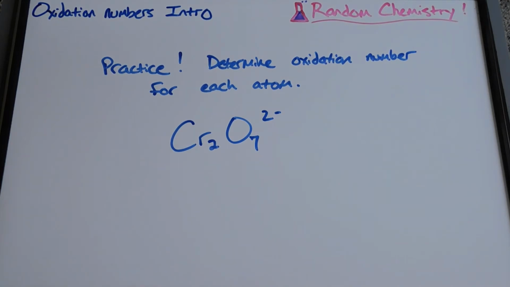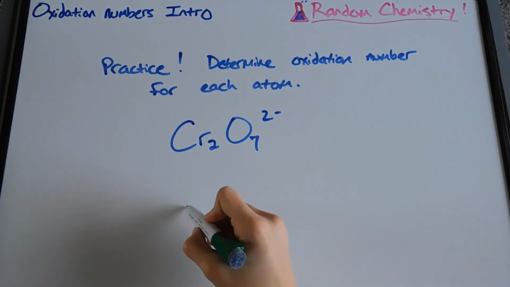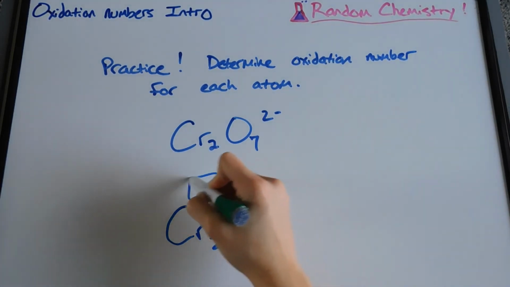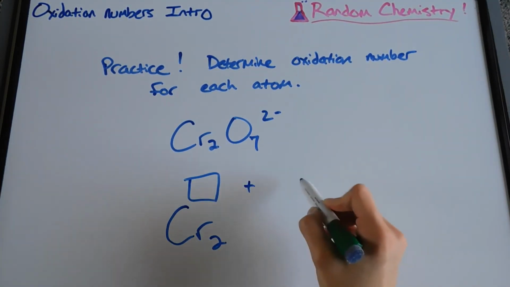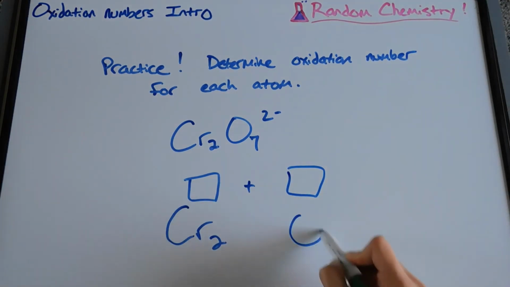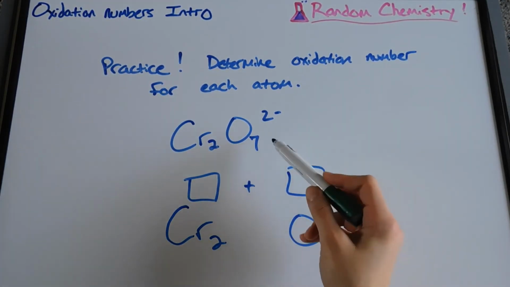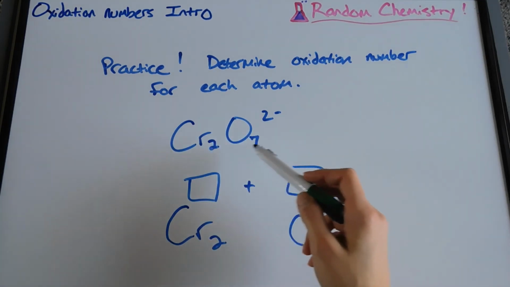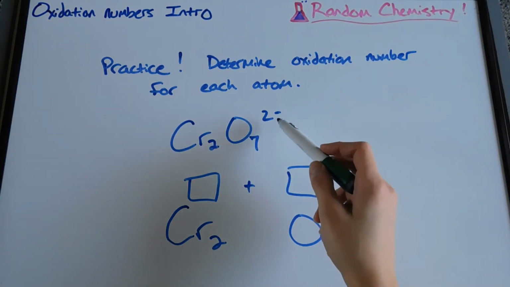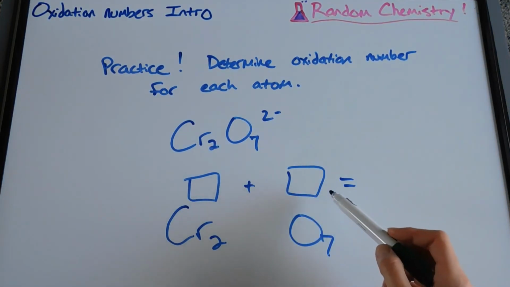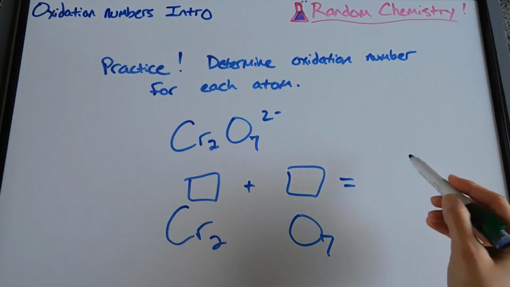Let's do another example. We're going to do the same thing. We're going to draw boxes over our atoms. This is a polyatomic ion, and it has a negative charge, so these oxidation numbers are going to add up to equal -2.